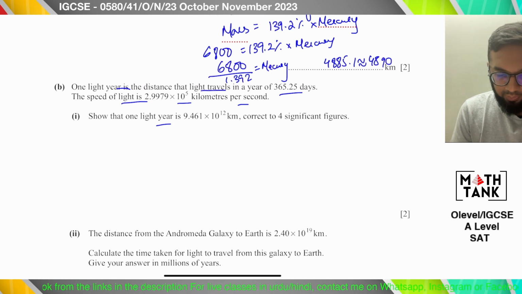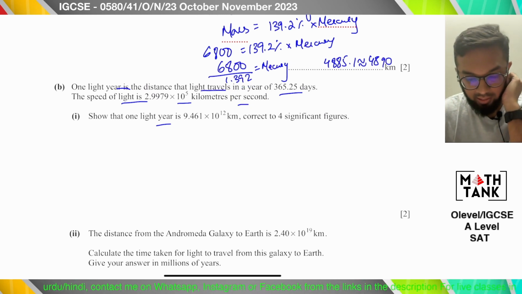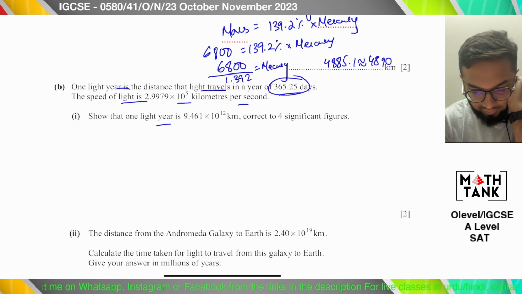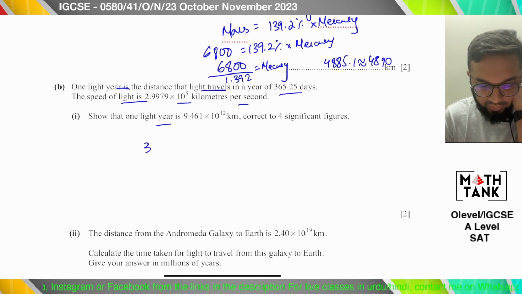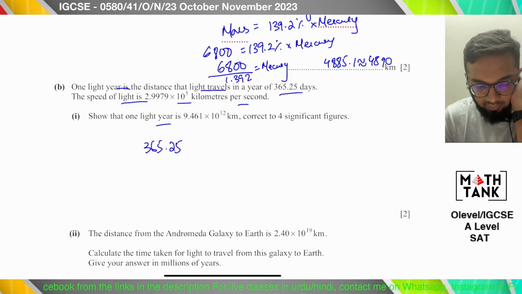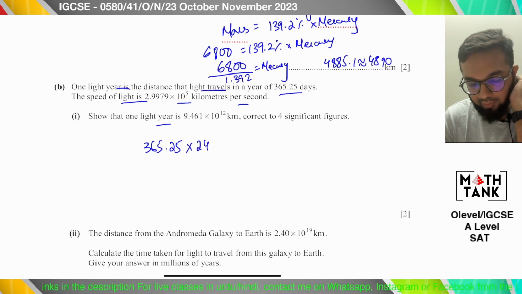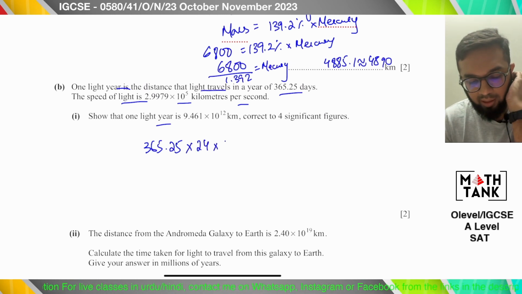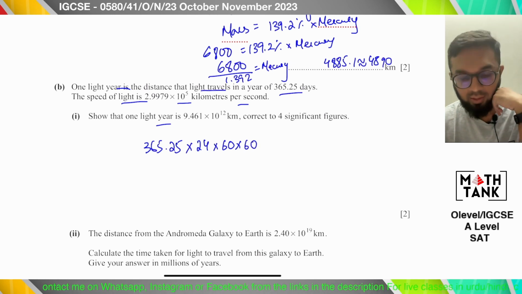The speed is per second, so how many seconds are there in an entire year? In a year of 365.25 days, so 365.25 multiplied first by 24 hours, and then each hour has 60 minutes and then 60 seconds. So these are the number of seconds in a year.